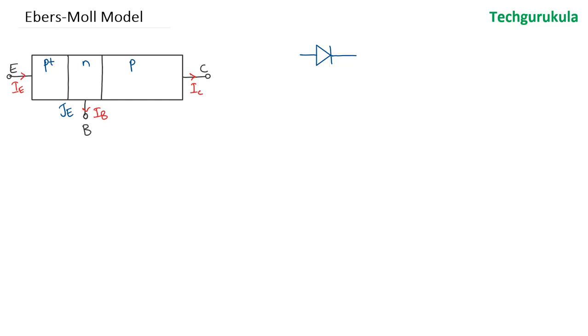And we have another PN junction, which we called the collector junction, between the collector and the base. So let me represent that also. That is a PN junction we have here. So we can say this is the emitter terminal, this is the collector terminal, and the one in the middle, the base terminal.